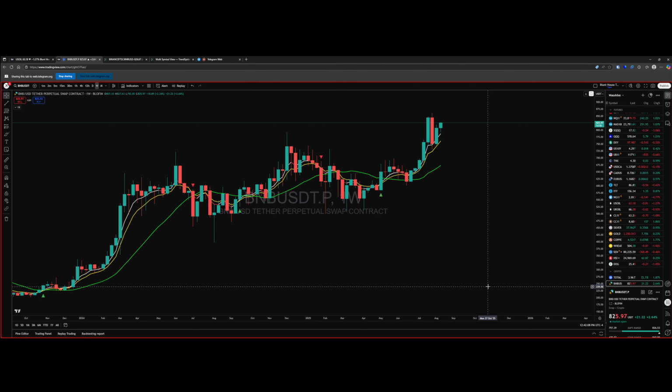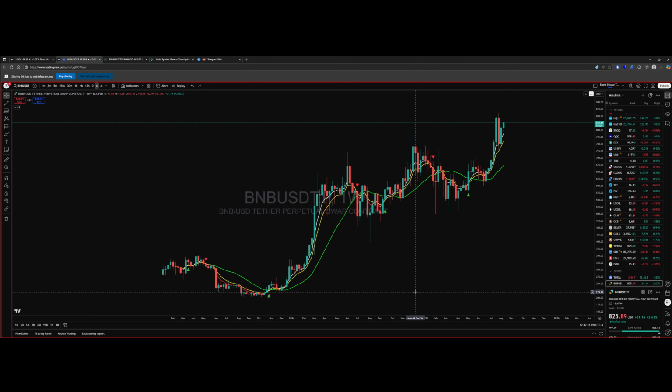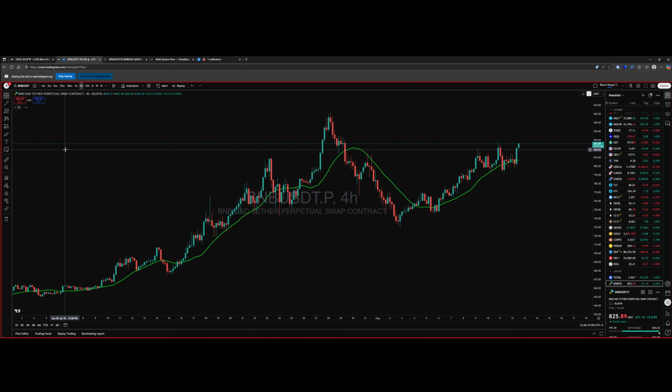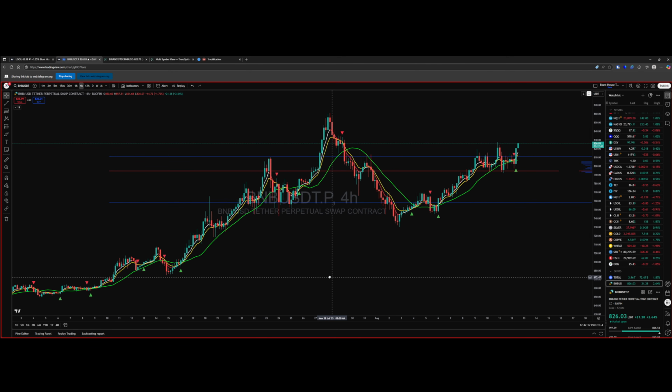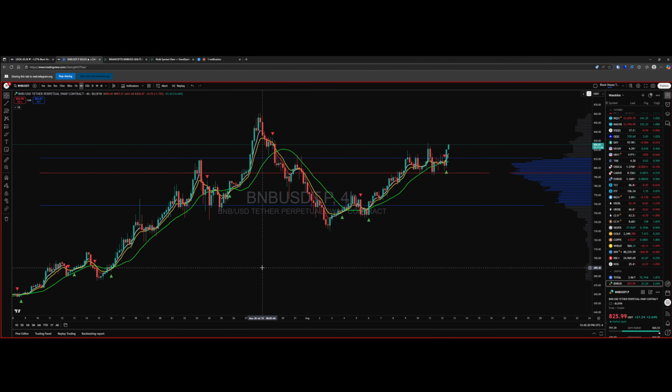So the weekly chart's still bullish. Four hours certainly looks bullish. So translation, I guess you stay in the trade. You have no reason to get out. And this works on every time frame we look at, all the time. It does not matter what we're looking at.